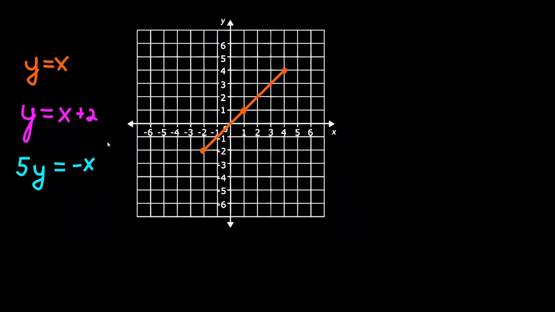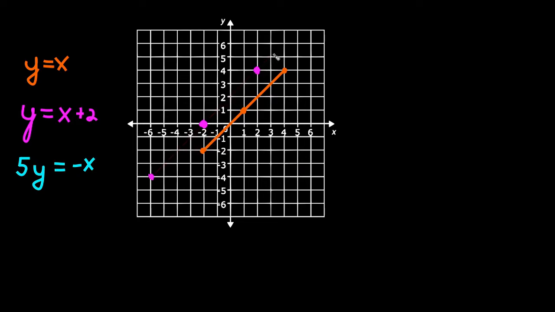Let's try a slightly harder algebra problem and visually represent it. If y equals x plus 2, when y equals 0, x equals negative 2. When y equals 4, x equals 2. When y equals negative 4, x equals negative 6.